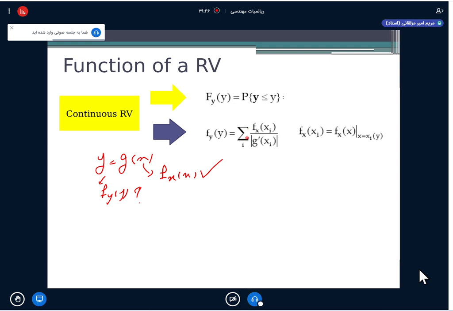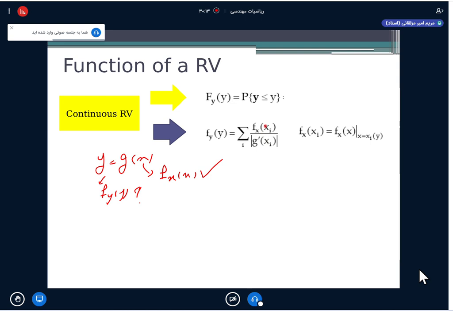For simplicity, at first forget this summation and focus on this formulation. We have f_X, which means the PDF of x at a point x_i, and we have the absolute value of g prime, the derivative of g at the point x_i.